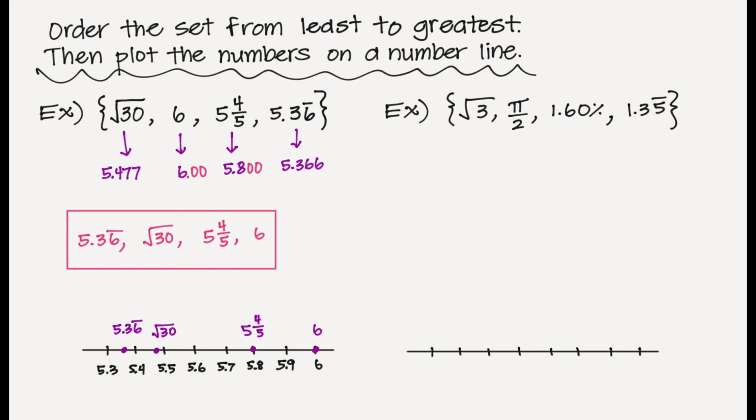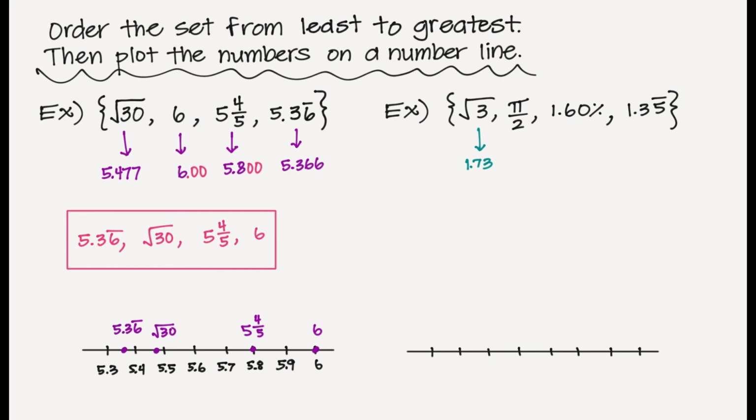Our final example here, we have the square root of 3, we have pi divided by 2, we have 1.60%, and we have 1.35 with a bar over it. So like we've been doing, let's go ahead and turn these all into decimals. The square root of 3 is around 1.73, and it continues on.